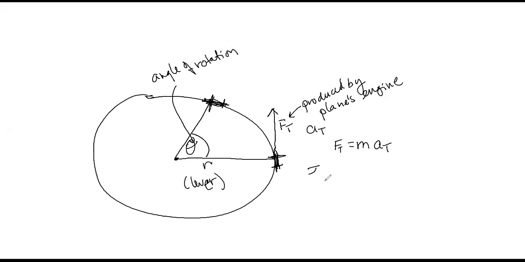We have to use the torque, and so the torque is equal to F sub t times R. Again, the R is right here. This is my lever. The F sub t is the net force of the airplane produced by its engine.